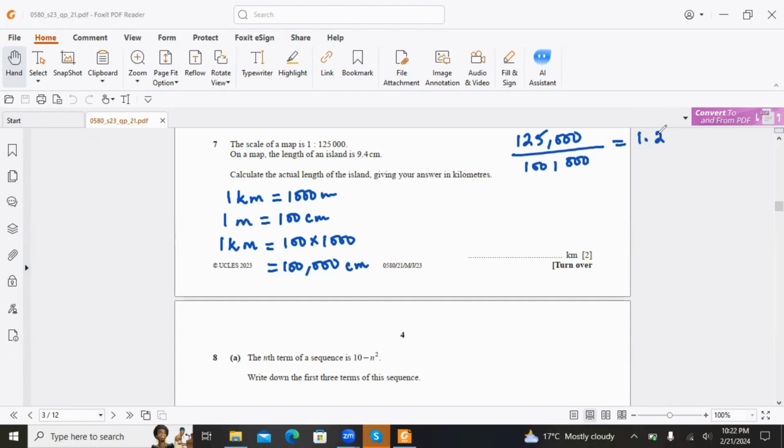Then after that, we're going to multiply that 1.25 kilometers with 9.4. So 1.25 times 9.4 is 11.75 kilometers. So that is the actual length of the island with respect to that map.